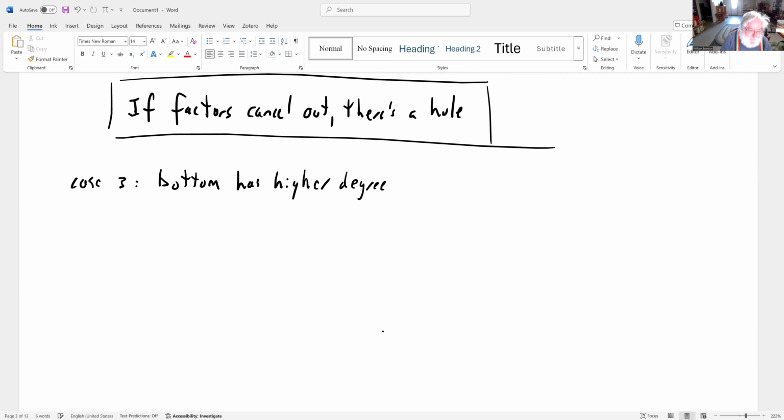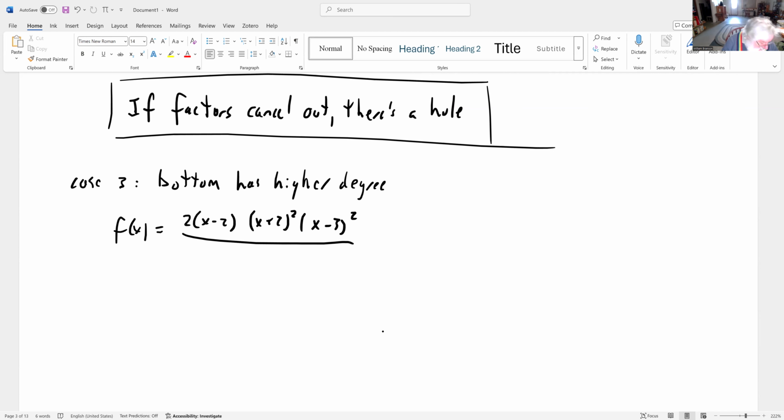And the example we use is a function: 2x minus 2, x plus 2 squared, x minus 3 squared, all over x squared, x plus 5 cubed, x minus 5 cubed. This one is already simplified, so we don't have to worry about that.